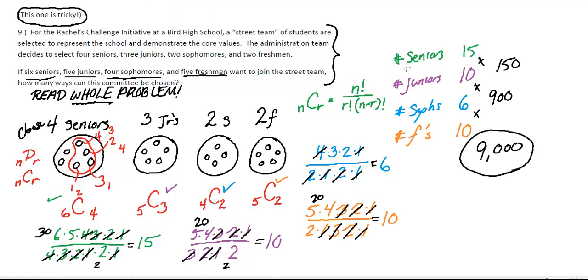So we found this thing first, and then this thing, and then this thing, and then this thing. Then we multiplied them all together. That's a 5-step problem. So really what we're talking about here is 5 steps.